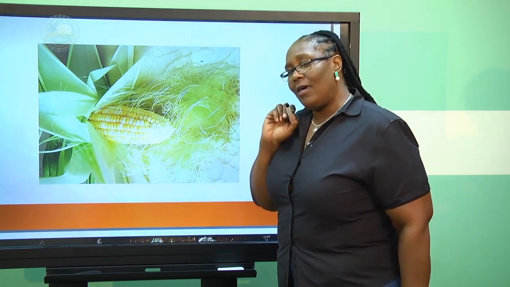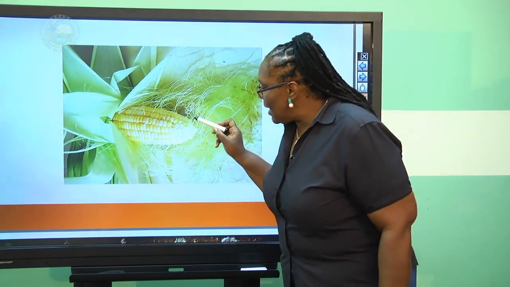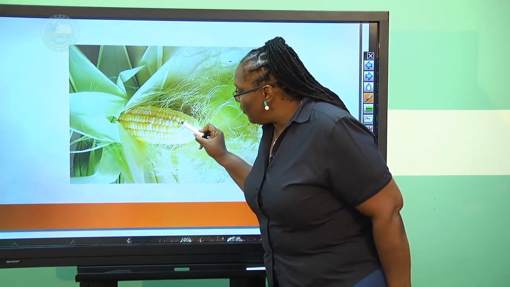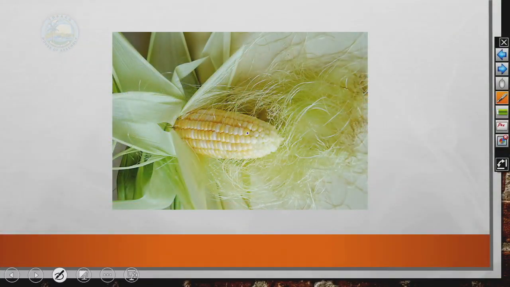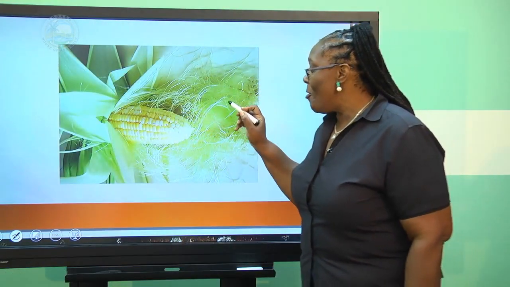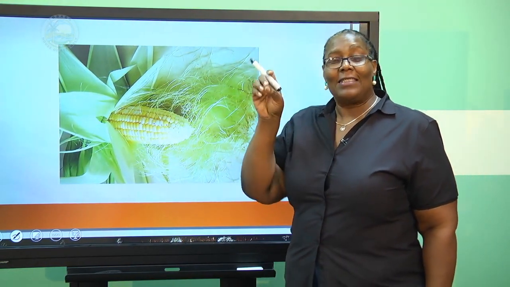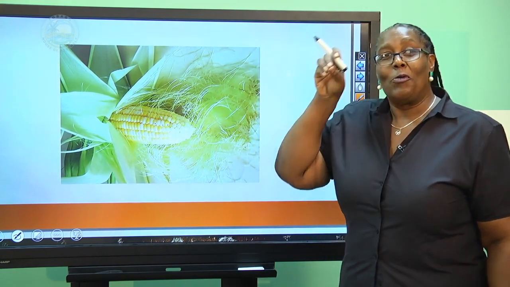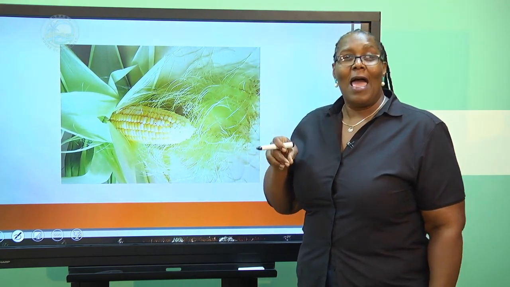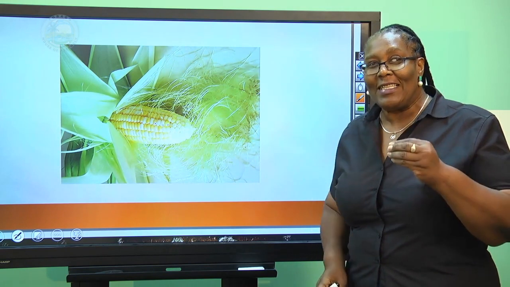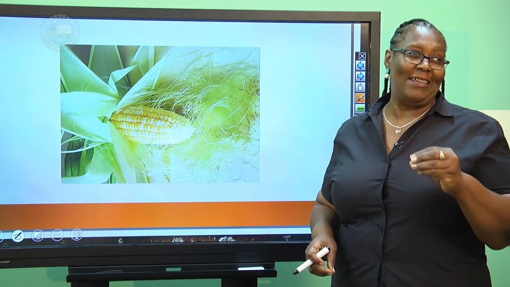If you look carefully, you will see that every one of these structures here has a strand leading to it. This strand is actually a pollen germ tube. So every corn seed that you have there has to have a pollen grain go down that tube and actually merge with the female nucleus.